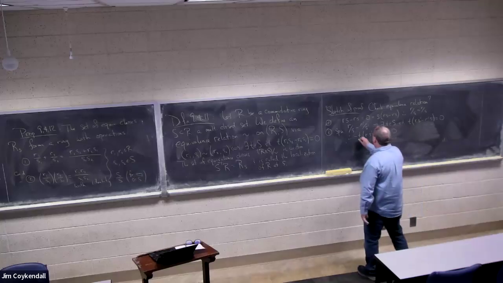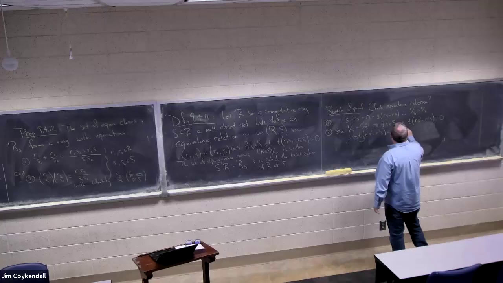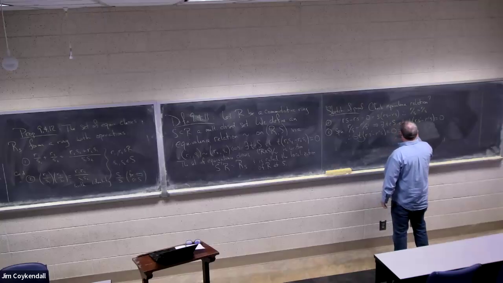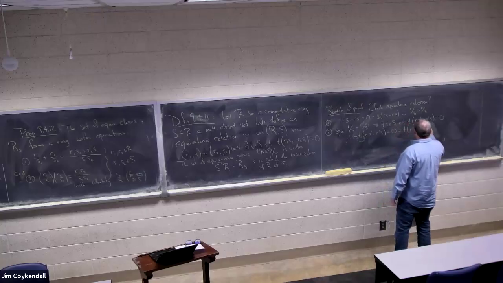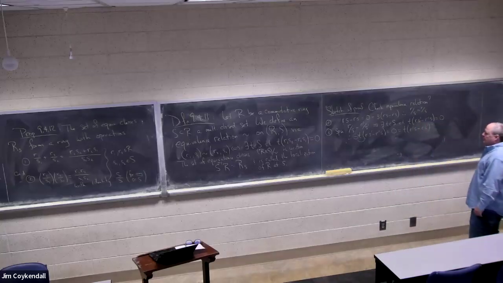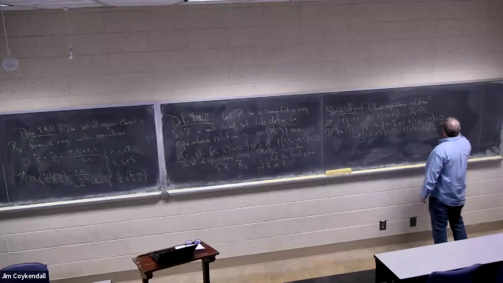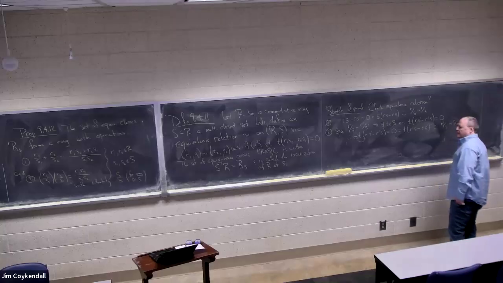Slide that T in here. This is one of the ring properties we can use. And this is equal to T times (R prime S minus R S prime). Therefore, R prime S prime is equal to R S.